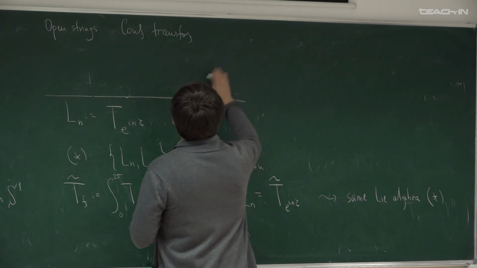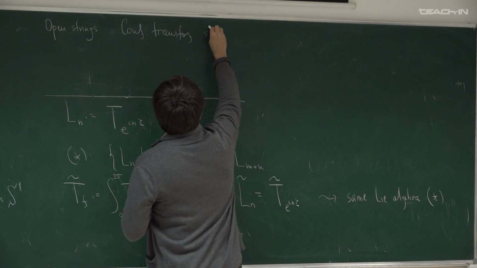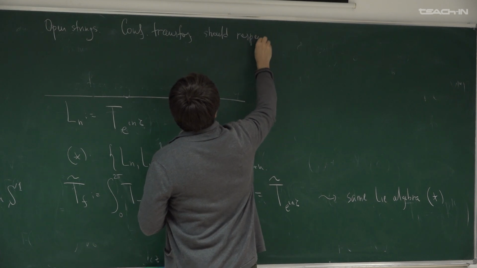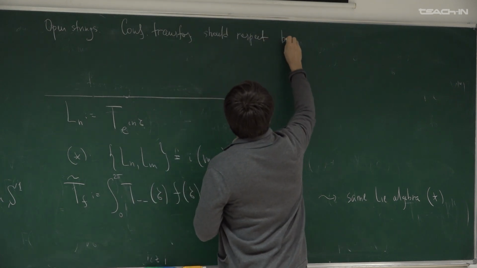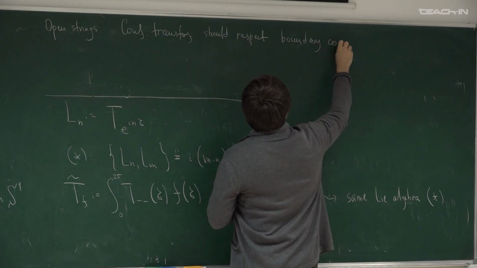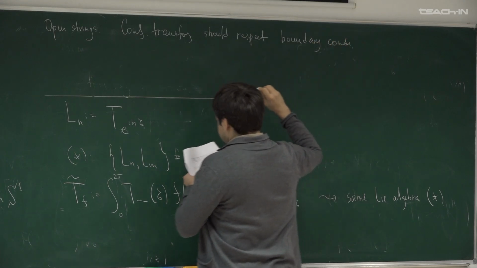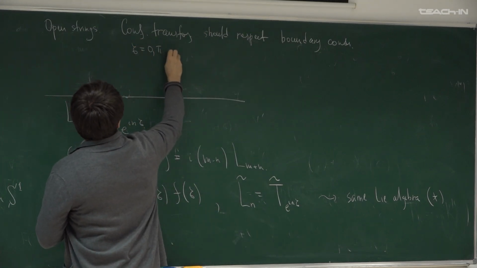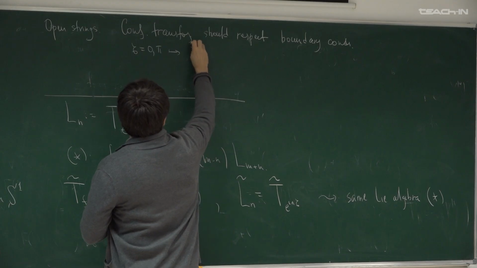So that means that σ equals 0, π is mapped to σ̃ equals 0, π.